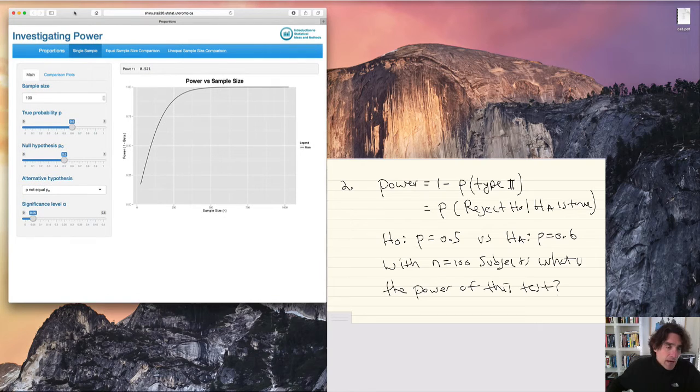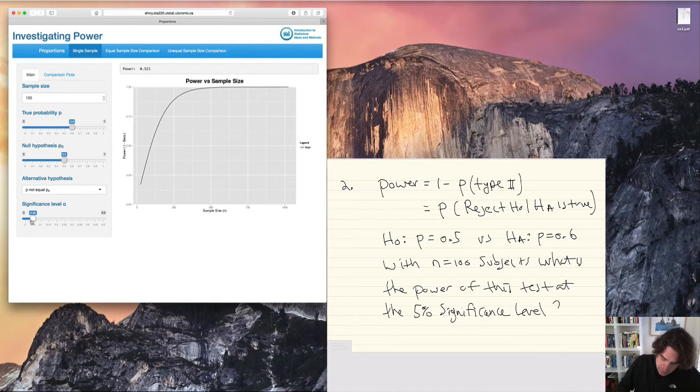So here on the Power app, we have a sample size of 100, and the true probability here, the alternative value, is equal to 0.6, the null hypothesis value is equal to 0.5, and the significance level is equal to 0.05. So what is the power of this test at the 5% significance level?